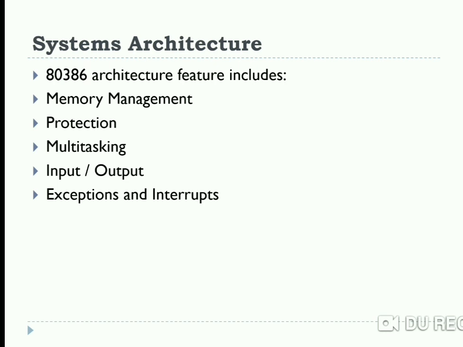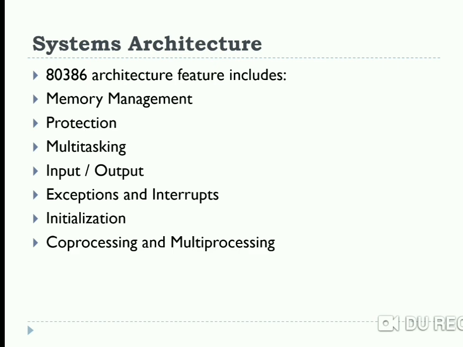Exceptions and interrupts: as we already saw, 16 exceptions are handled by the 80386, depending on the condition. Then initialization: some additional initialization must be performed by the software before all the features of the processor can be utilized.